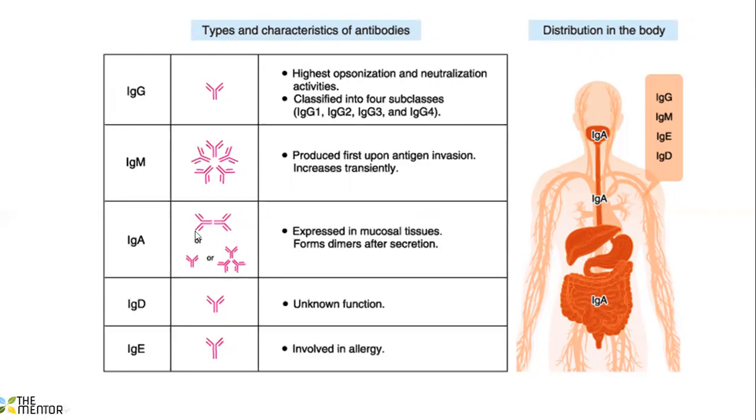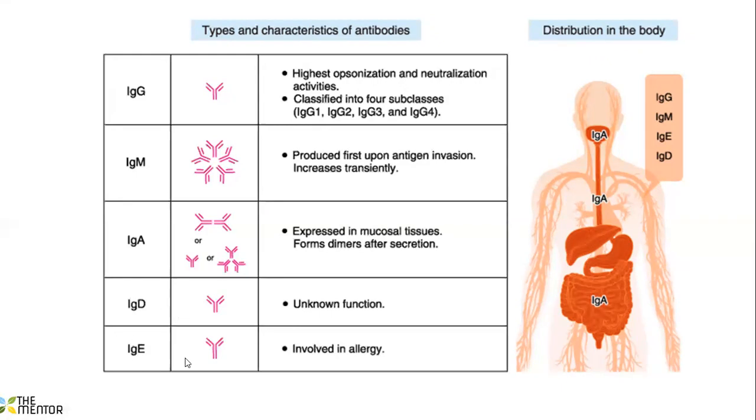IgA is a dimer in the secretions, and it also occurs as a monomer in the serum. It is expressed in mucosal tissues, and it forms a dimer after secretion. IgD is a monomer, and it's written here as non-function, but we know it's found on the cell surfaces, and it can also initiate the activation of a B cell into plasma cells for differentiation.